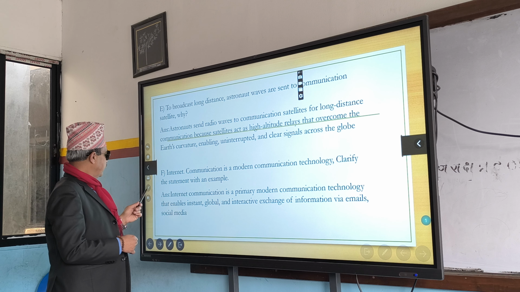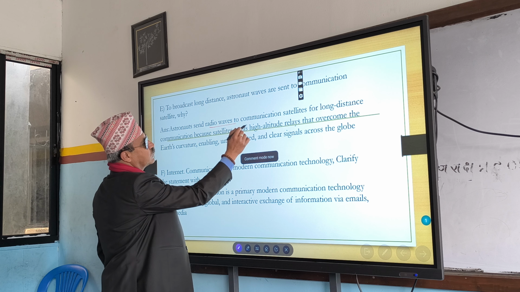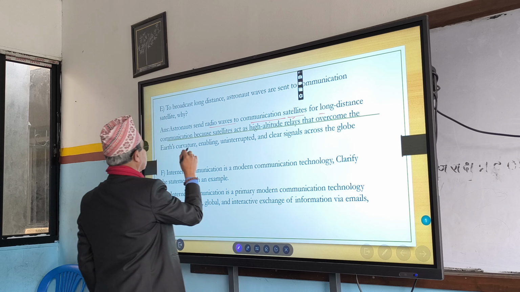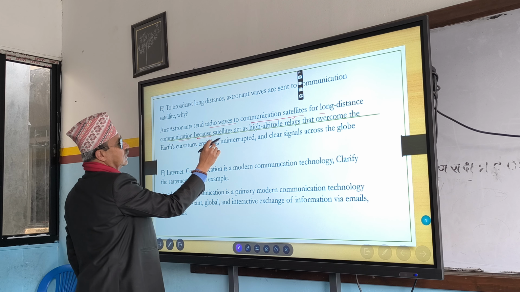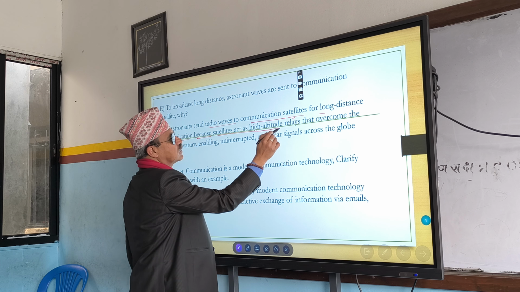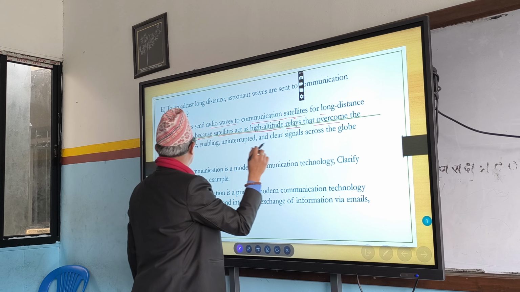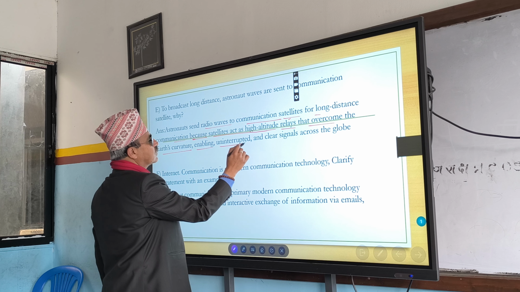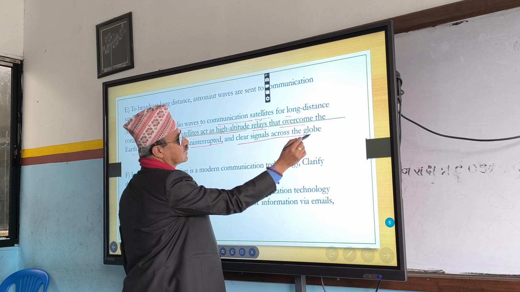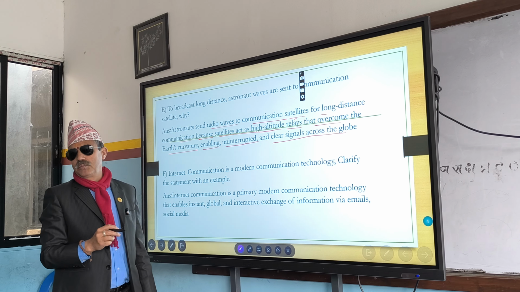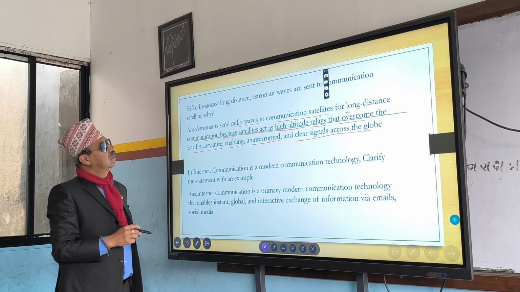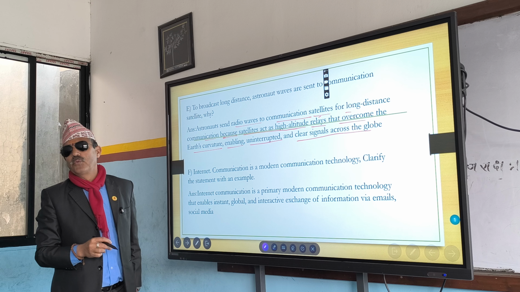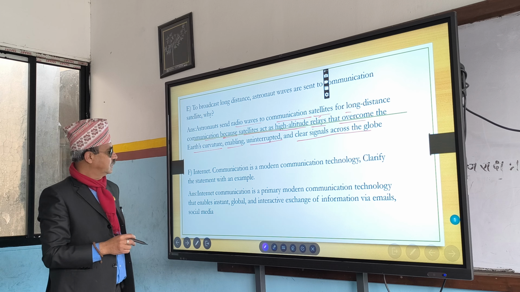Astronauts send radio waves to communication satellites for long distance communication because satellite acts as high altitude relays that overcome the Earth's curvature, enabling uninterrupted and clear signals across the globe. So to get clear signal, they have to send which waves? Radio waves. They have got very high speed.